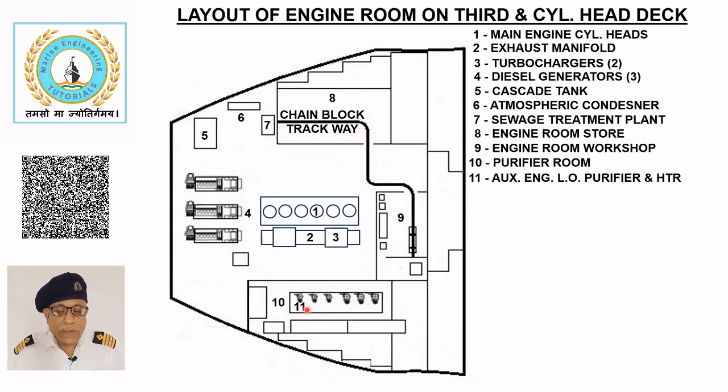The auxiliary engine, lubricating oil purifier, and heater 11 is used occasionally for batch purification when relatively new oil becomes contaminated with water. Normally, oil is purified continuously by the centrifugal filter during engine operation.